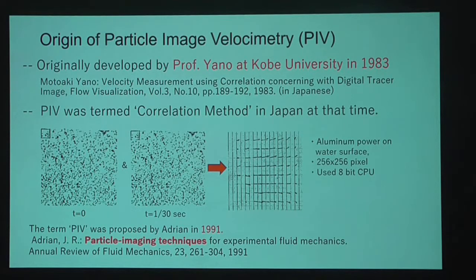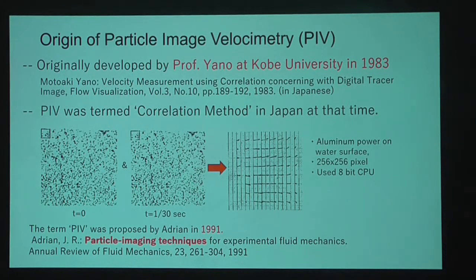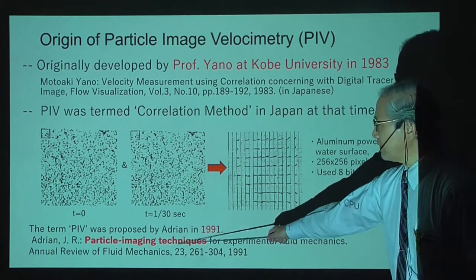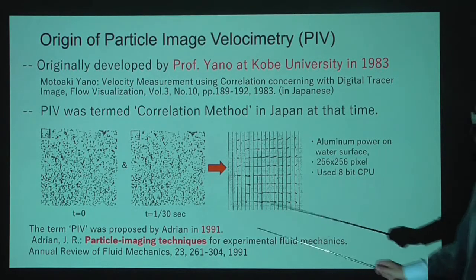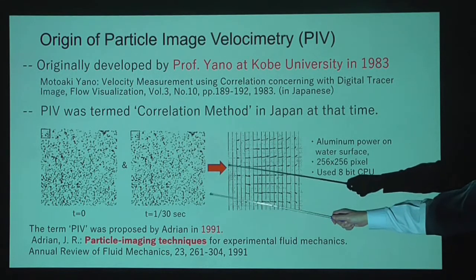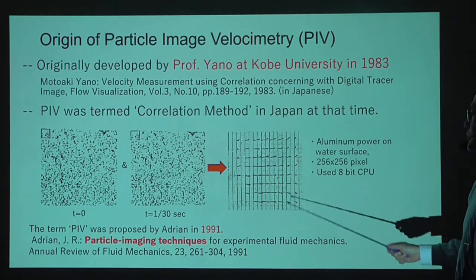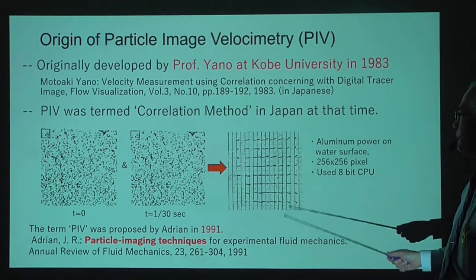Everybody knows that this technique was introduced to the world by Adrian, and PIV is a term coined by him. But actually, Kobe University's Professor Yano developed it before that, in 1983. These are the only remaining images that he presented in a Japanese journal.